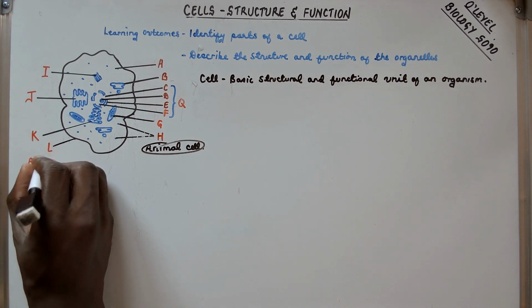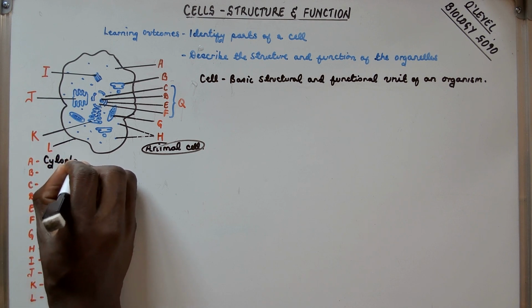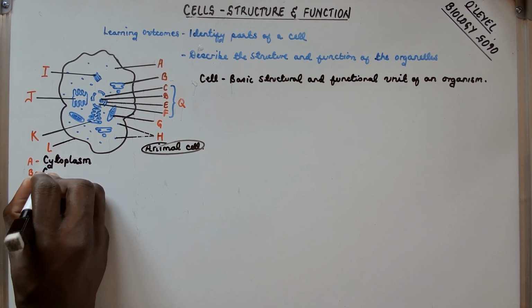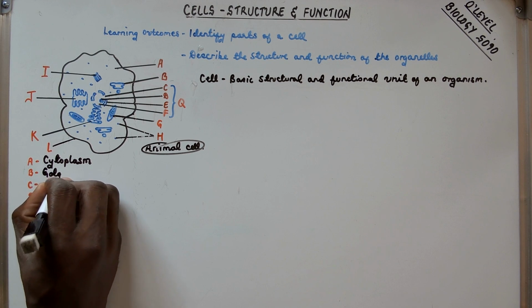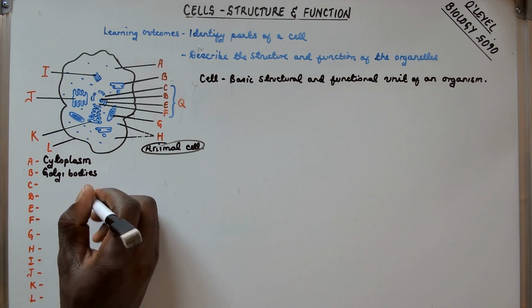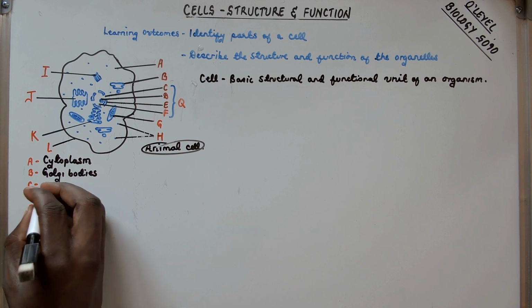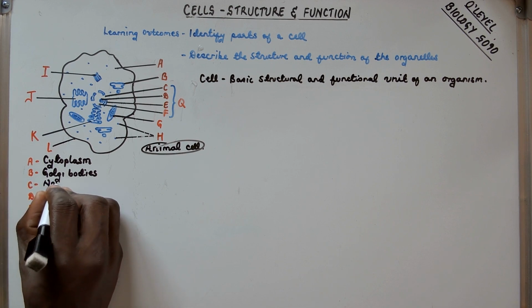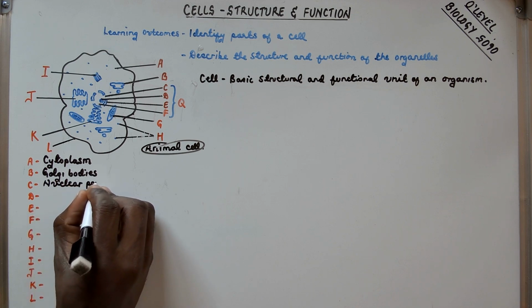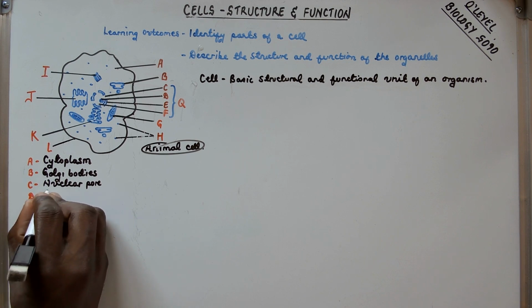So A is just the cytoplasm. B is the Golgi bodies, or rather, Golgi apparatus. C, nuclear poles. D, nucleolus.